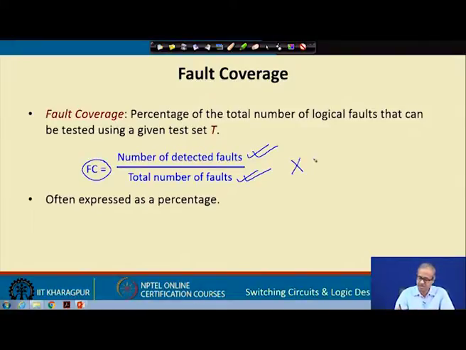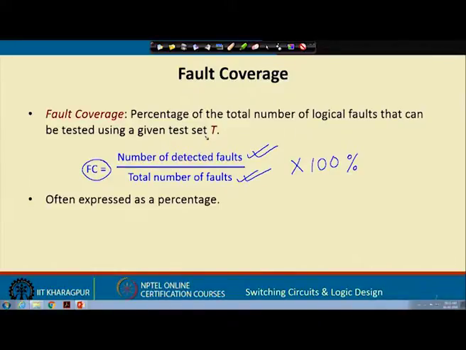Sometimes we multiply this by 100 and express it as a percentage. It is essentially the percentage of the total number of logical faults that can be tested using a given set of test vectors T. Suppose for a circuit I say these are the 10 test vectors I have to apply to test the circuit. How many faults can be detected by these 10 test vectors? This is determined by the parameter called fault coverage.